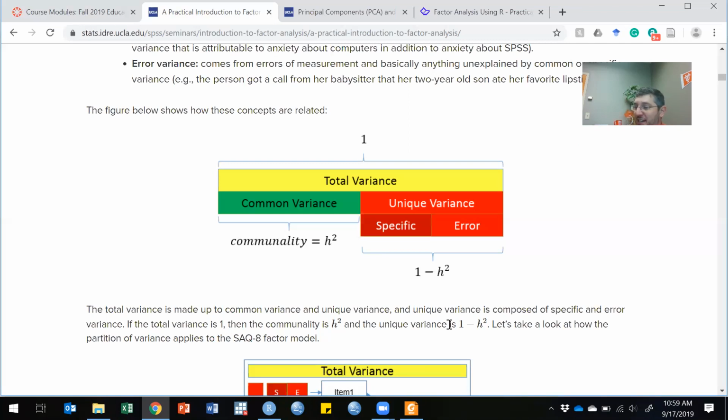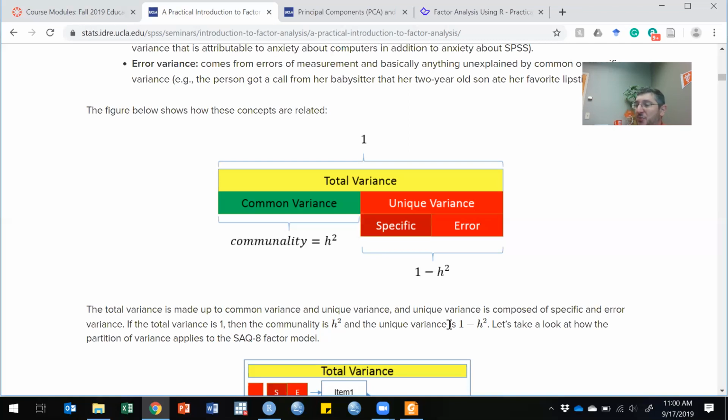In factor analysis, we estimate the amount of common variance basically by using the squared multiple correlation coefficient. So basically, we take each variable, say variable 1, and regress it on all of the other variables in the factor analysis. And then the R squared from that model would give us our estimate of common variance.